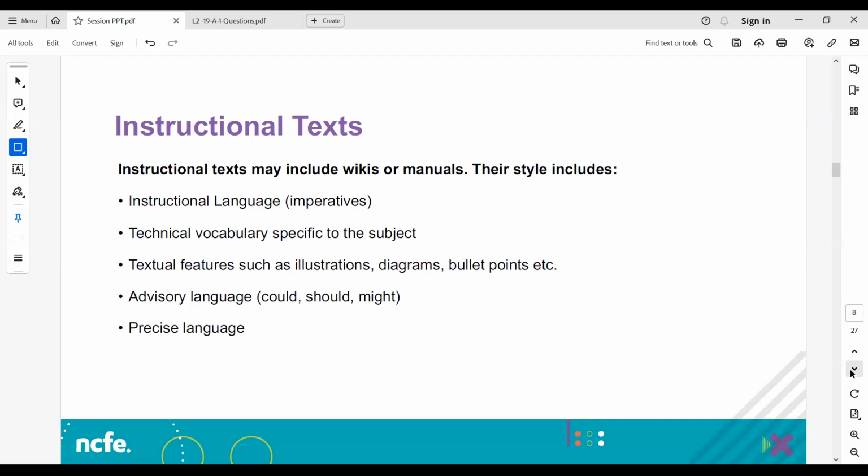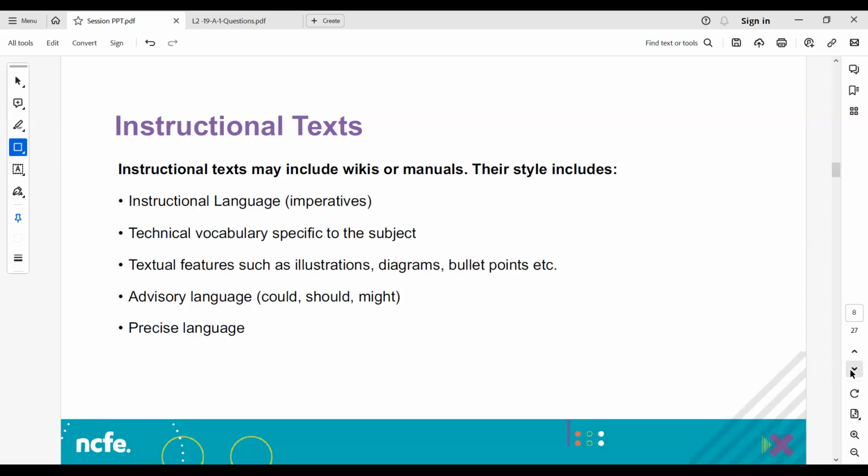So technical vocabulary. One of the examples we looked at in a previous session was some instructions for, I think, building something, maybe some furniture or something with wood. And there was technical vocabulary, which a joiner would clearly understand, but perhaps wouldn't be so clear to someone just picking that up that had no experience of that subject.